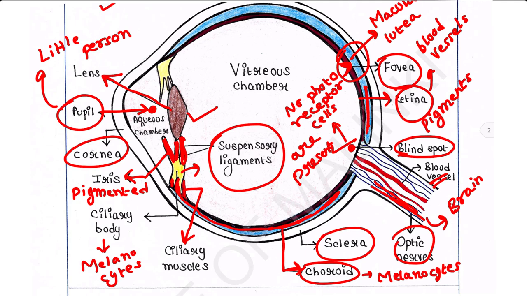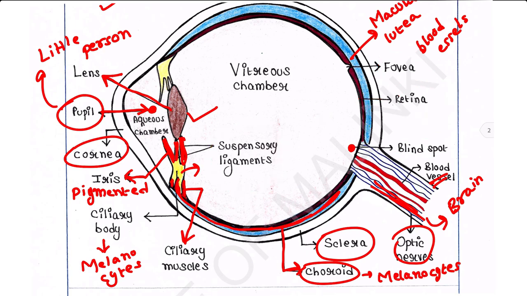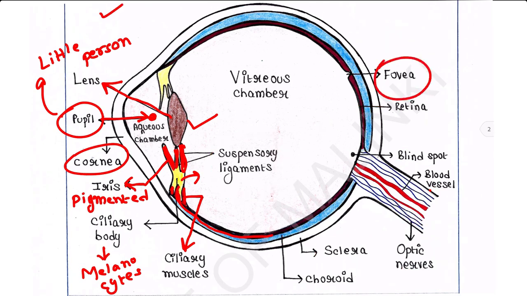So, I will erase something, then you can understand here. In this fovea, here is the depression. In this fovea, only cones are present, and cone cells are very densely packed here. It lacks rods.